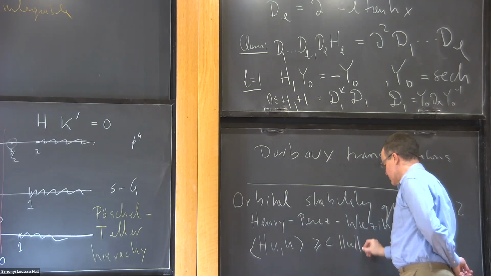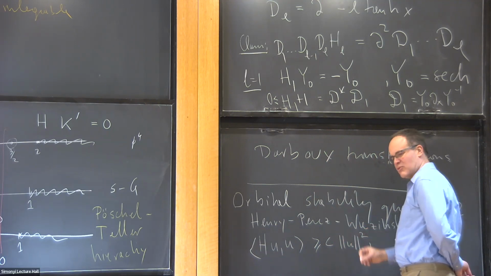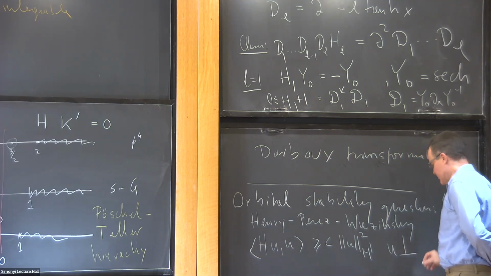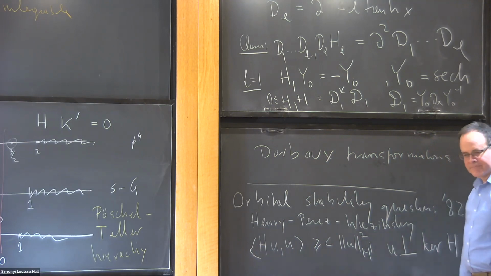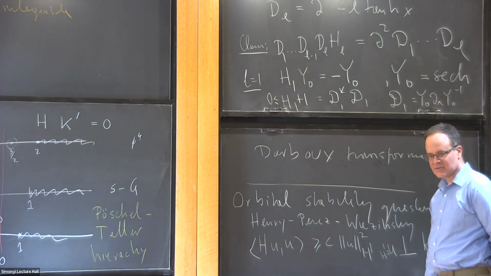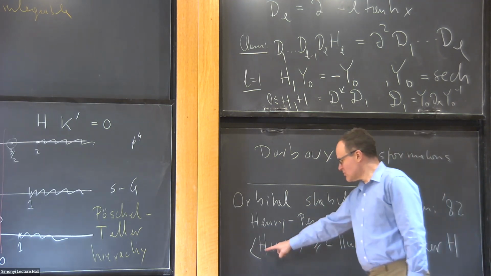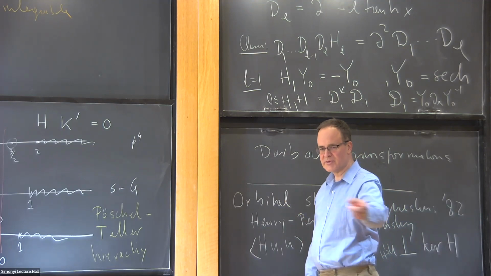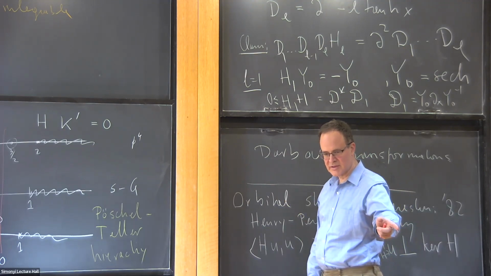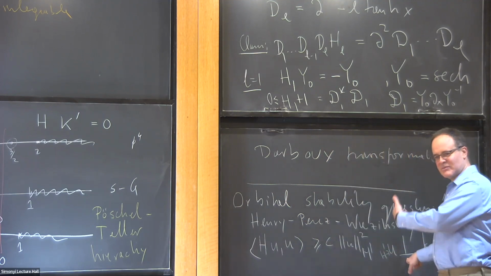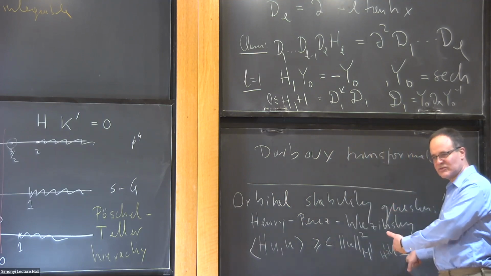The norm of U in H1 squared, provided U is perpendicular to the zero mode, so I'll just say the kernel of H. And U, of course, has to be in H1, because that's the energy space. And then the energy becomes a Lyapunov functional, but when? If you mod out the translational symmetry, right? Because modding out the translational symmetry is the exact way to remove the zero mode.